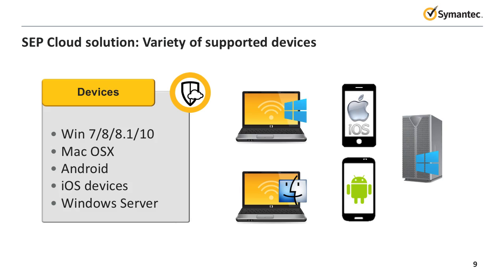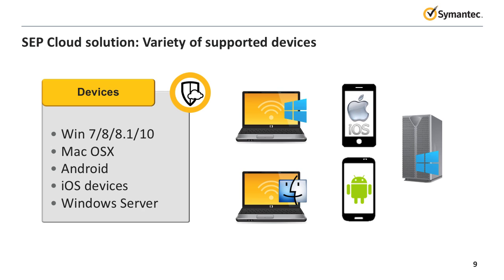SEP Cloud enables the user to have device independence by supporting a large variety of devices and platforms. The user has the freedom to choose which of the devices and platforms they wish to use. BYOD is no longer an issue, as SEP Cloud accounts for the individual device and platform capabilities.